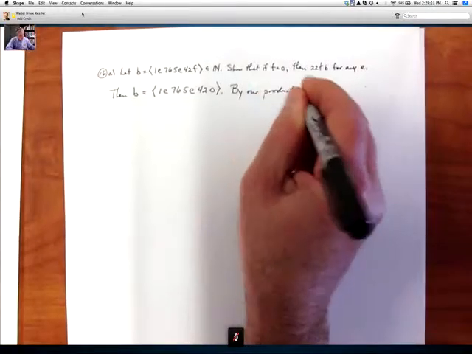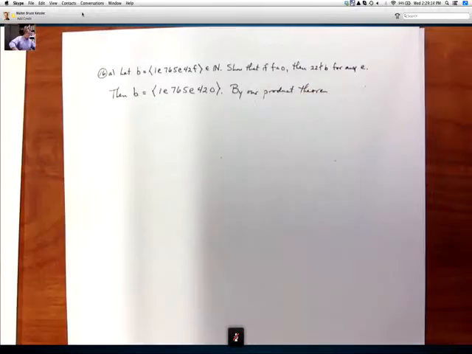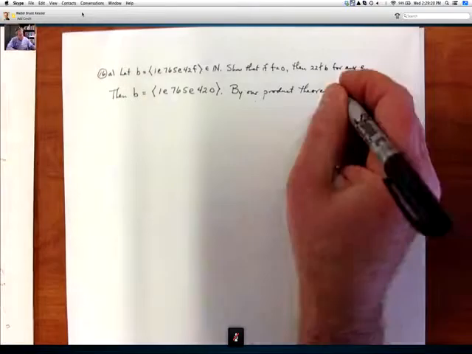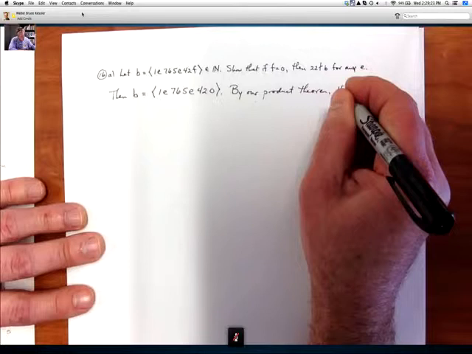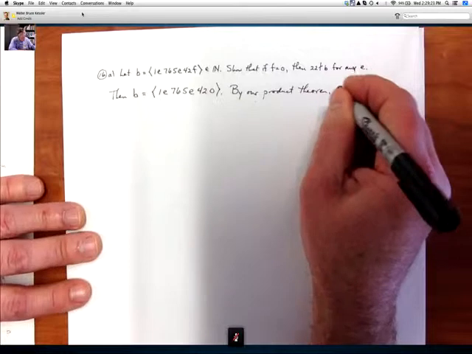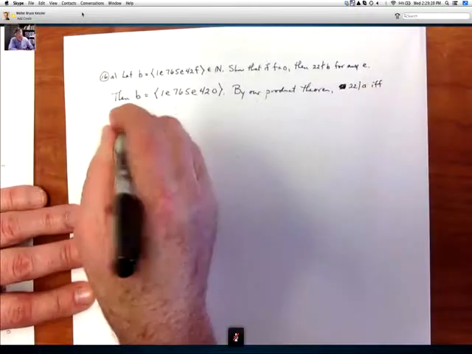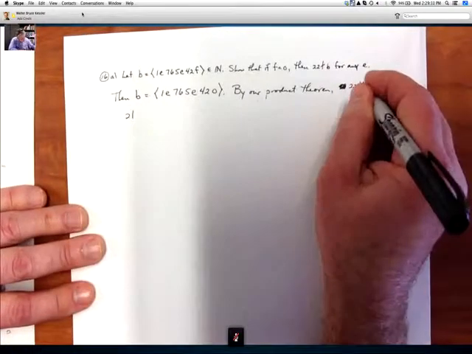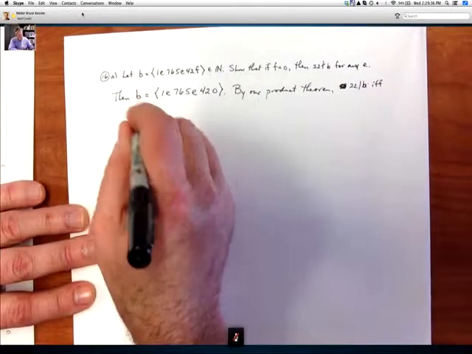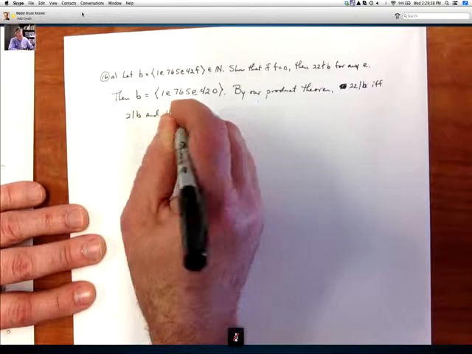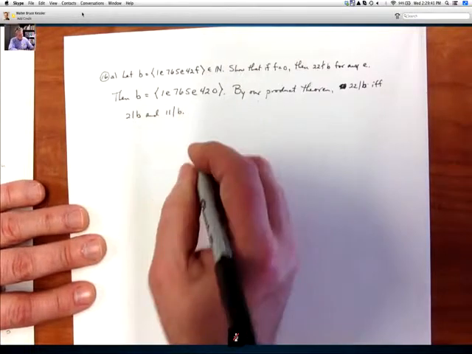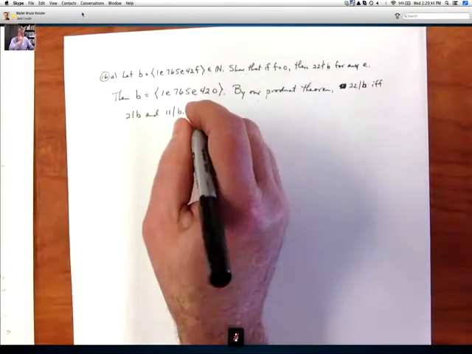By our product theorem, sorry, I'm still on the last problem. 22 divides B if and only if 2 divides B and if 11 divides B. Okay.